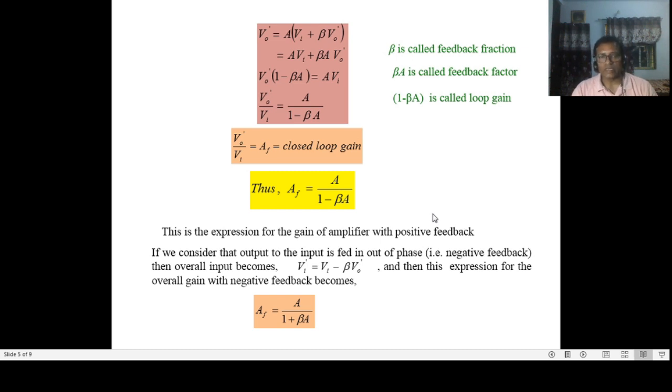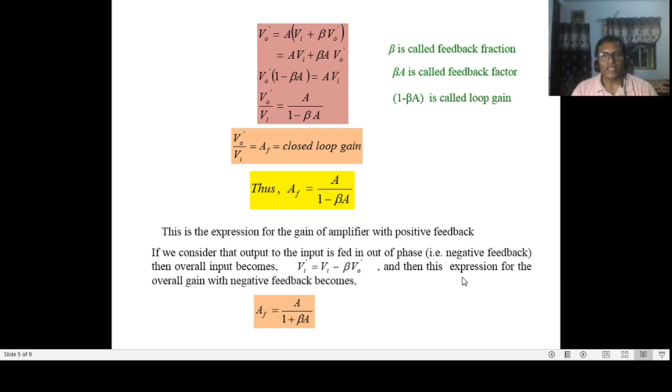Now if we consider that in the same amplifier we are applying the negative feedback, where the output taken is fed back to the input out of phase, what will happen, the overall input will get decreased. So if we consider that the output is fed to the input out of phase, that is the case of the negative feedback, then overall input becomes Vi dash is equal to Vi minus beta times Vo dash.